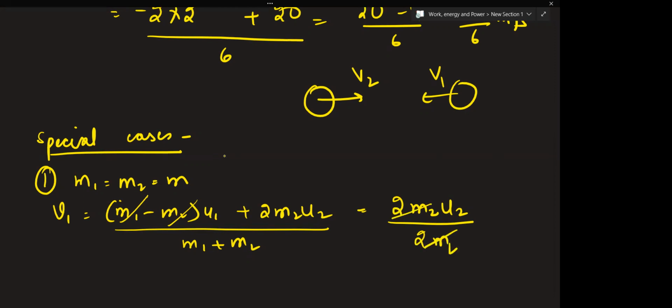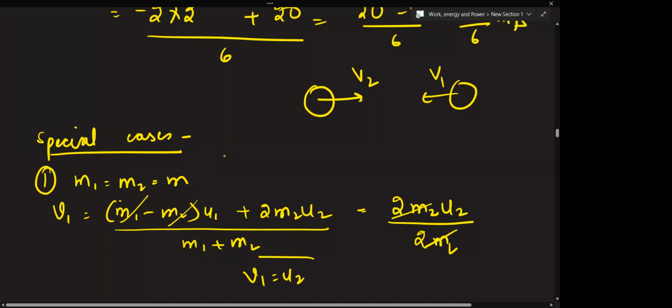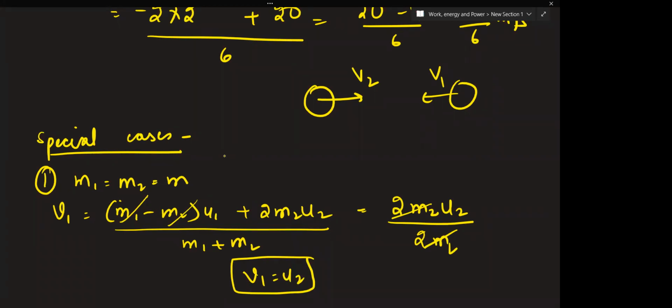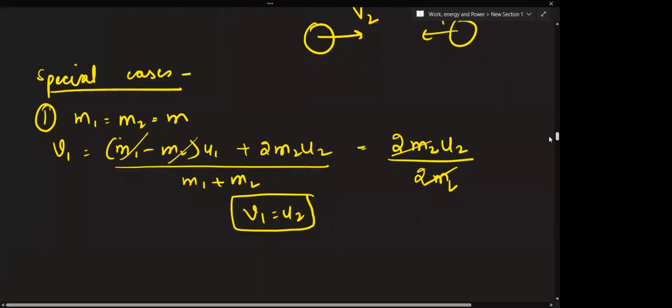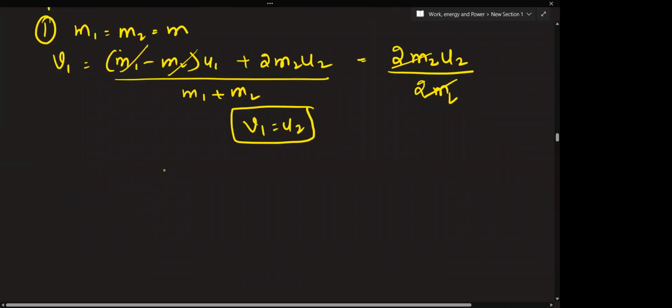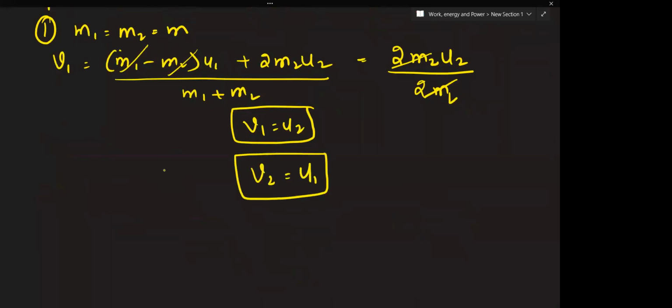So 2M2 gets cancelled. V1 is equal to U2. What is happening? The final velocity of the first body becomes the initial velocity of the second body. Similarly, V2 will be equal to U1. It means the final velocity of the second body will be equal to the initial velocity of the first body. It means velocities get interchanged.